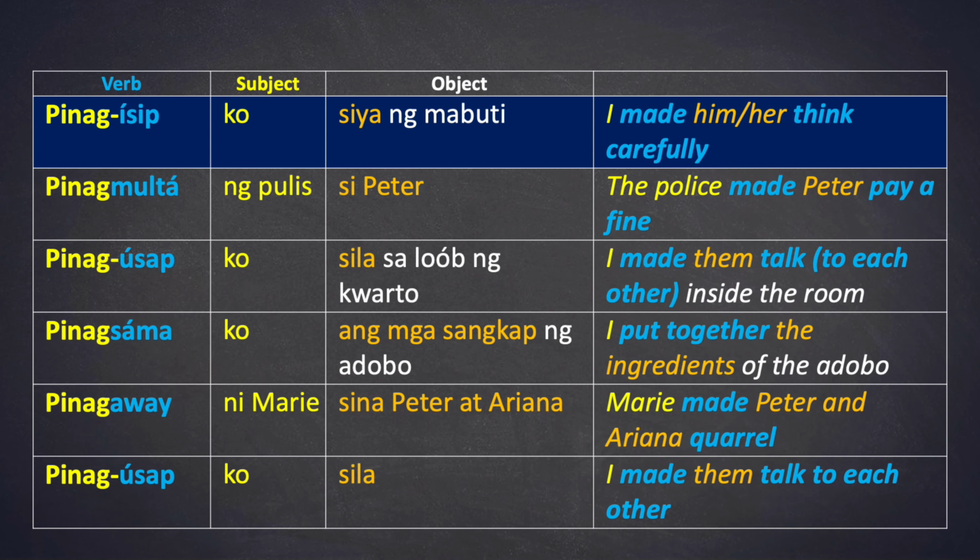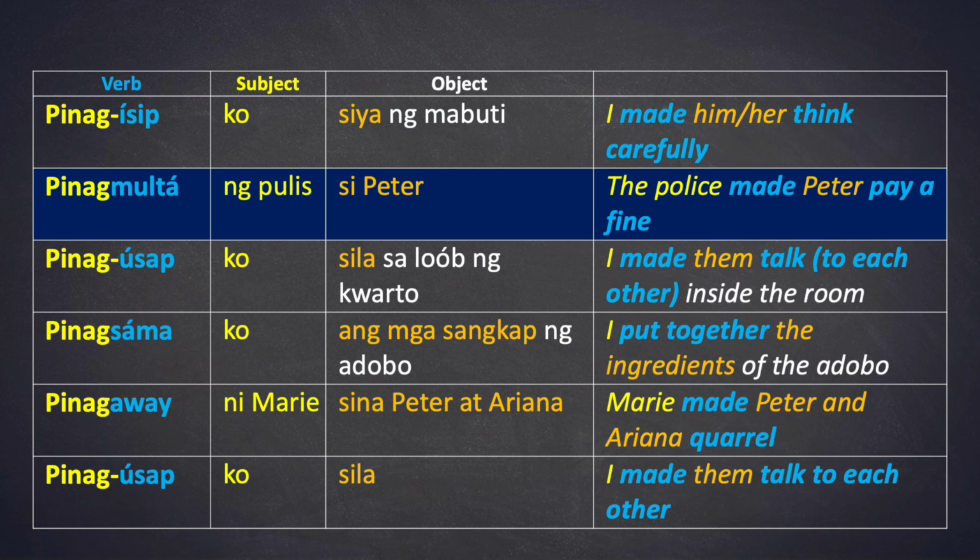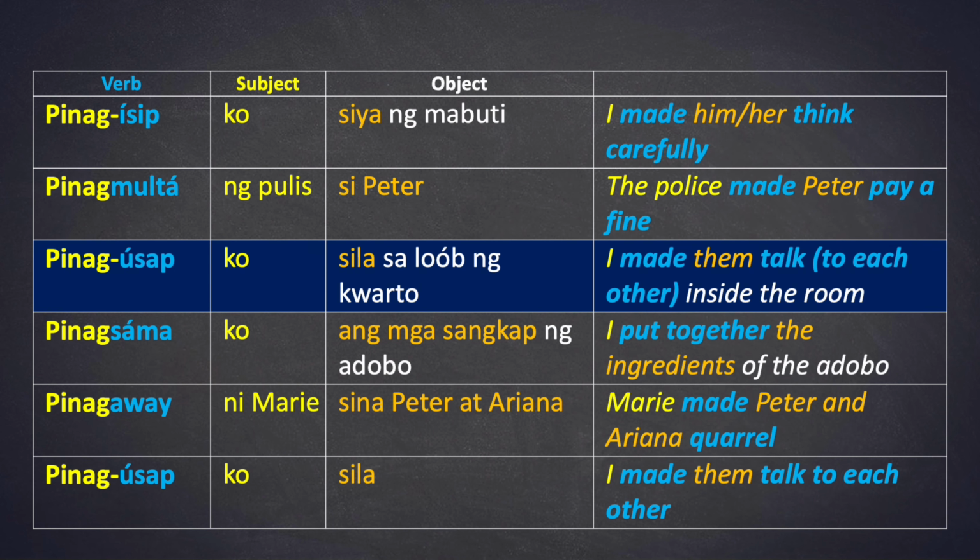Here goes. Pinag-isip ko siya ng mabuti. I made him or her think carefully. Pinagmulta ng pulis si Peter. The police made Peter pay a fine. Pinag-usap ko sila sa loob ng kwarto. I made them talk to each other inside the room.